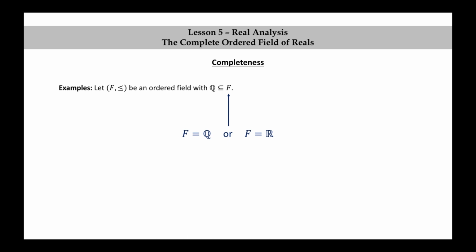So you may want to keep one or both of these fields in mind as we go through these examples. I realize we haven't formally defined the field of real numbers, but you probably have a pretty good intuitive understanding of what they are, since that's the field you've been using for all arithmetic and algebra since elementary school.